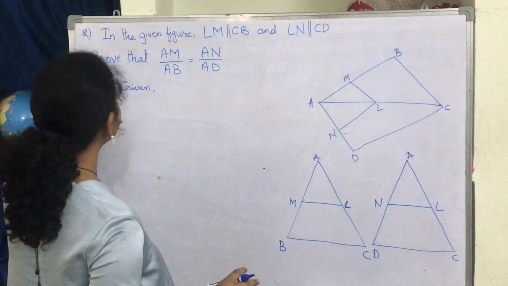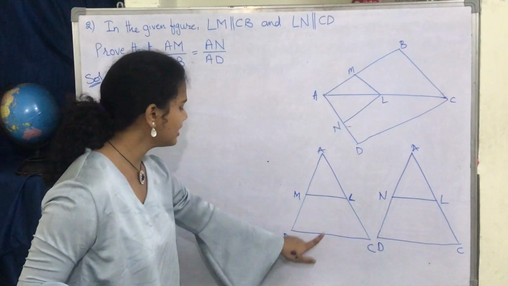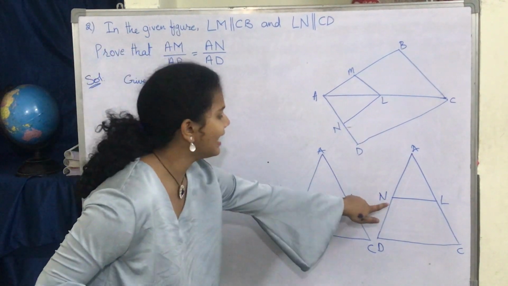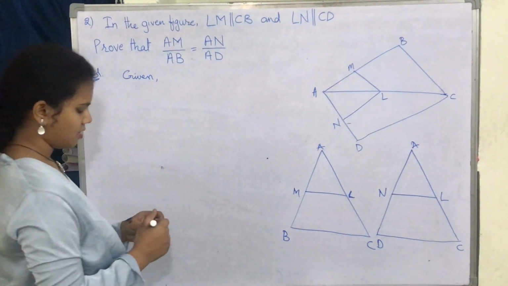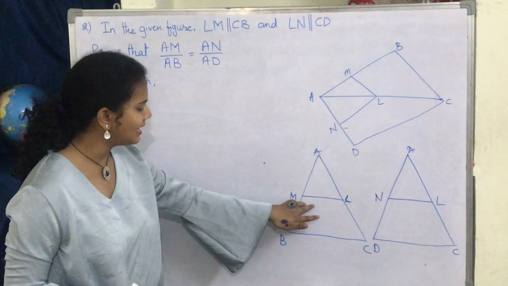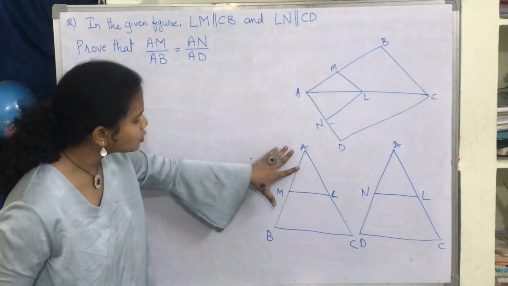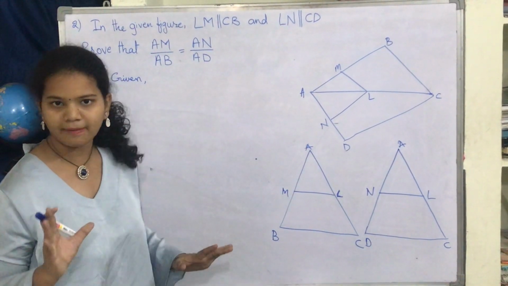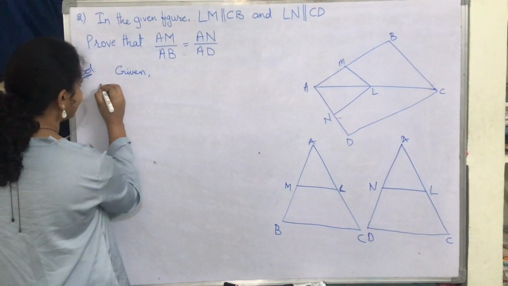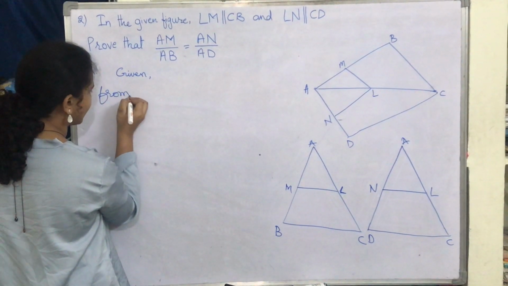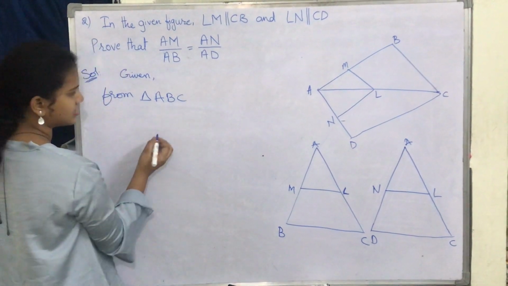Now, the solution. Given that LM is parallel to CB, and LN is parallel to CD. So here I have drawn parallel lines at distinct points in the given triangles. Thus the two sides are divided in the same ratio. Let's consider triangle ABC.